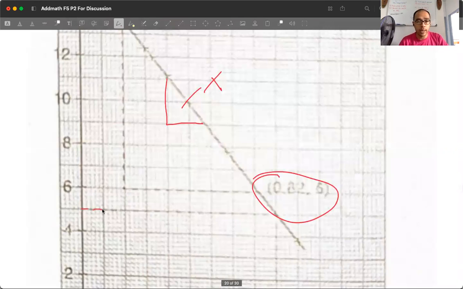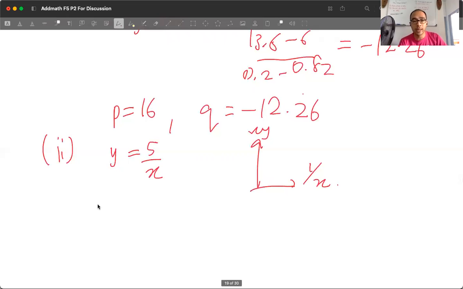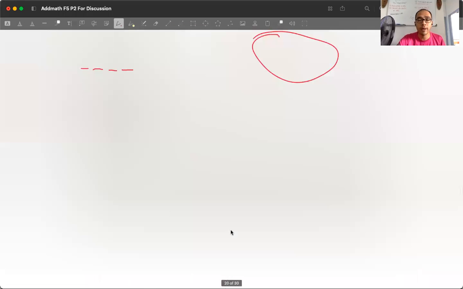Since we have y over here, so kalau kita naikkan ini, kita dapat xy equals to 5. So from the graph, when xy equals to 5, 1 over x equals to, then kita guna graph untuk memberi jawapan.